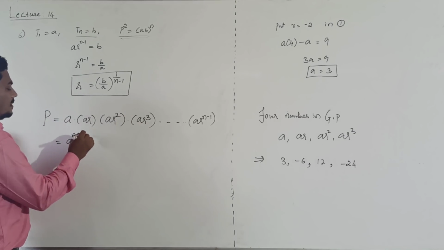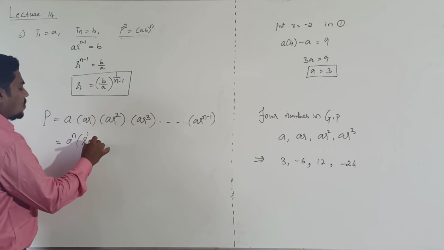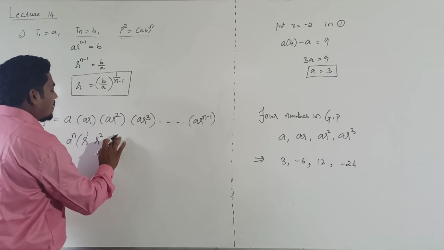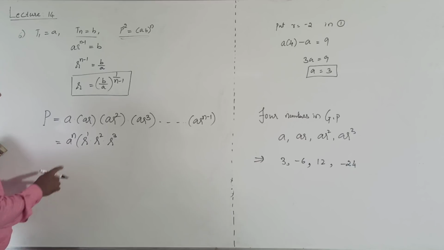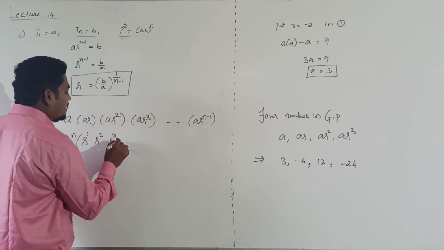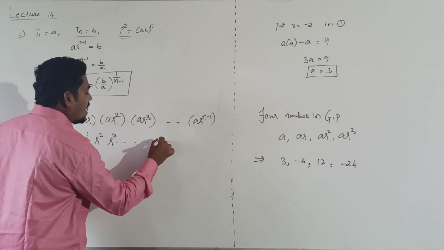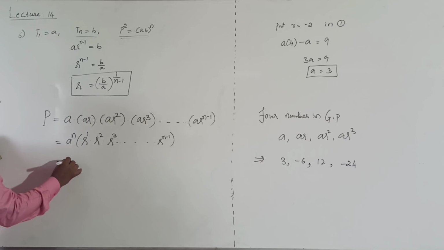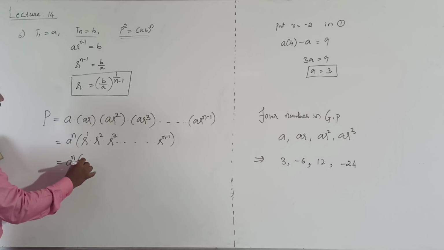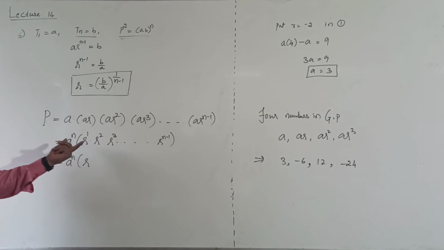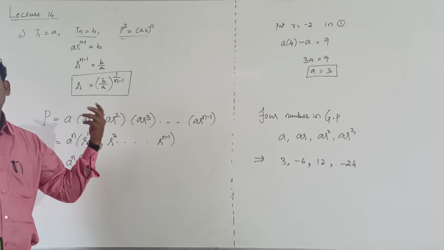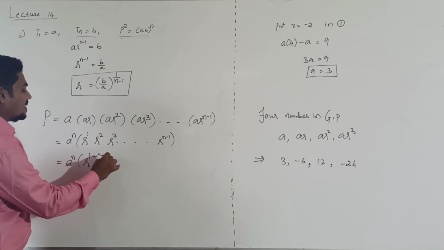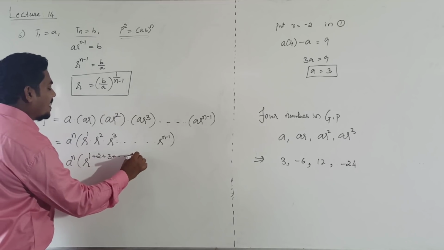After that, r^1 into r squared into r cubed and so on, into r^(n-1). Then a^n into r^(1 plus 2 plus 3 plus and so on up to n minus 1 terms).